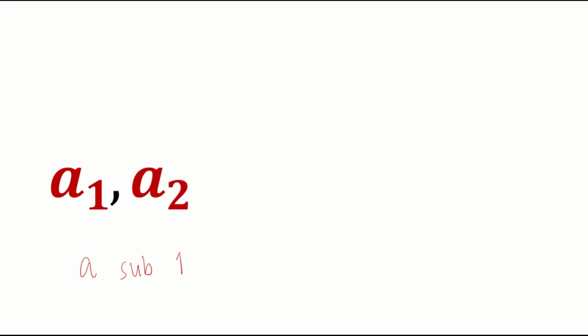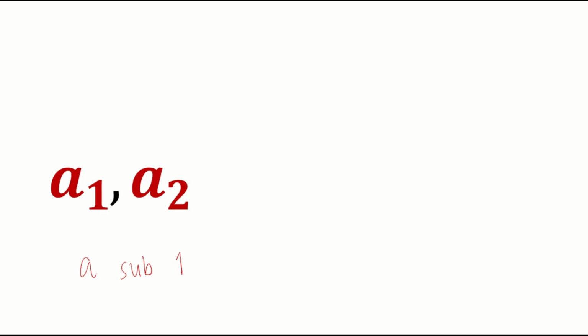of a sequence. Small letter A with the subscript 1 is read as A sub 1. This notation represents the first term of the sequence. Next, we have small letter A with the subscript 2, read as A sub 2. This notation represents the second term of the sequence.